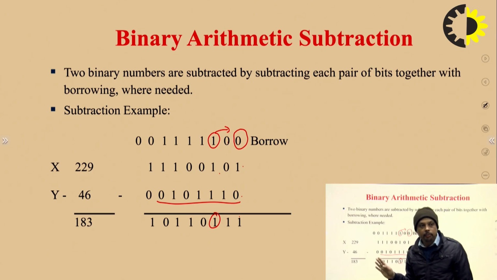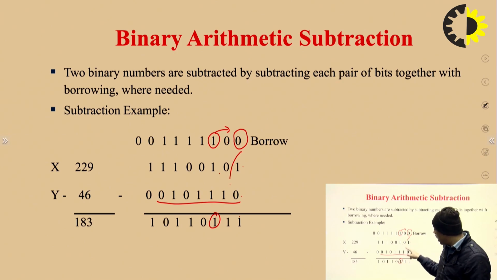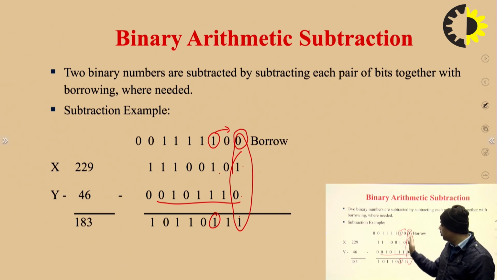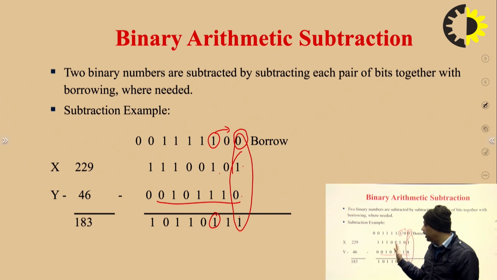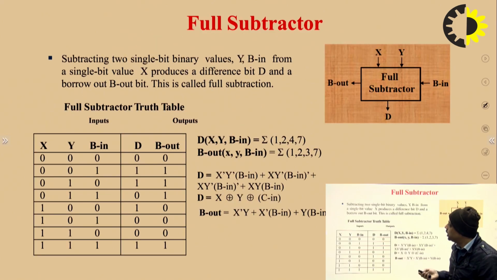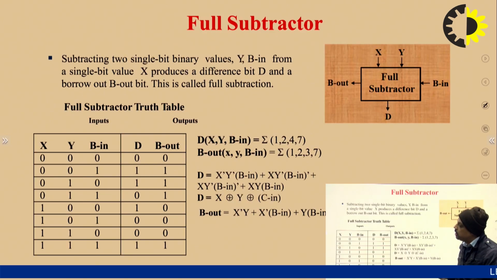Whatever the number of bits, we need a particular half subtractor for one column subtraction. So with the use of multiple half subtractor circuits, we can easily perform this binary subtraction. For doing this, we again need a full subtractor circuit.